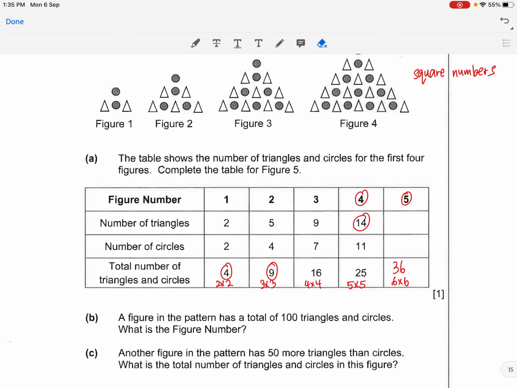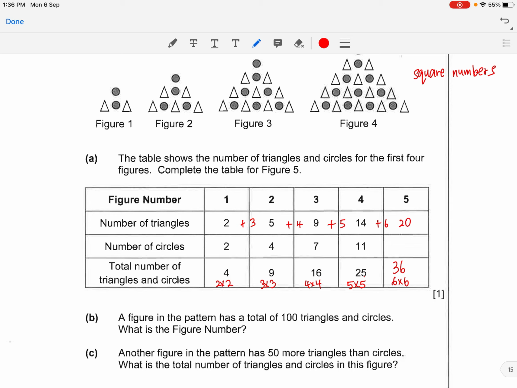Okay, so I'm going to erase all of this first so as not to confuse you. So how do I get all this? If I look at it horizontally, this will be plus 3, plus 3, this will be plus 4, this will be plus 5, the next one will be plus 6. So this will be 20.